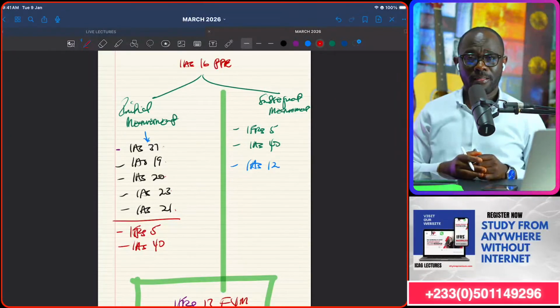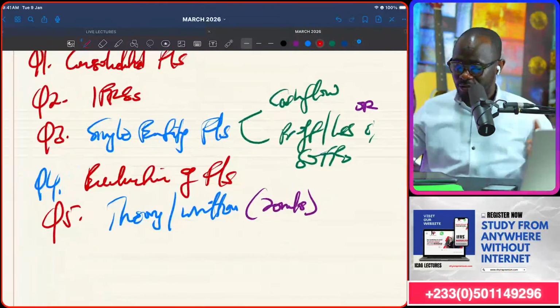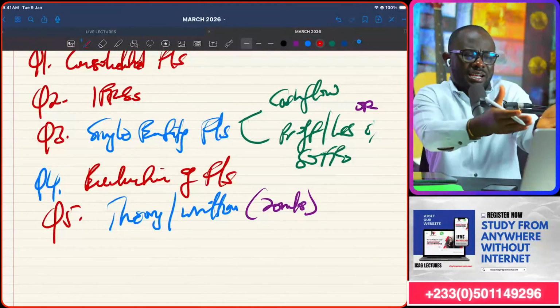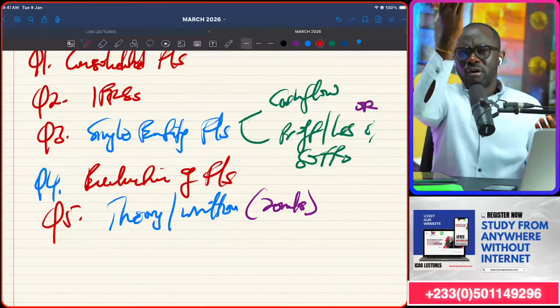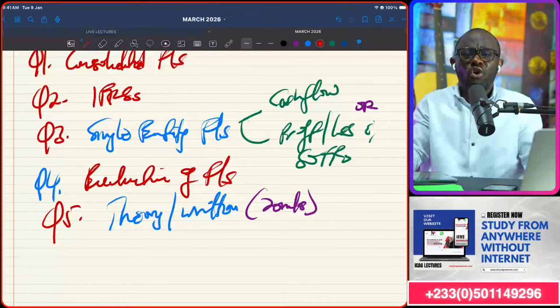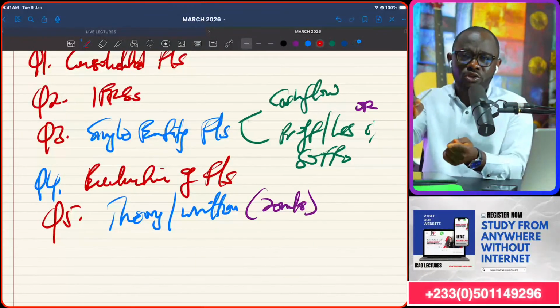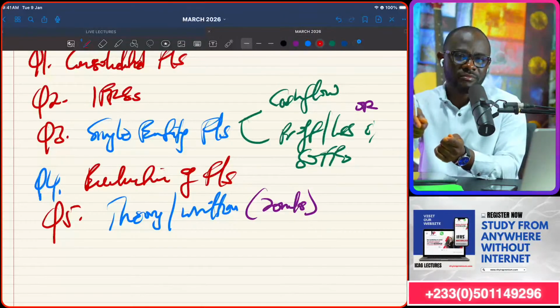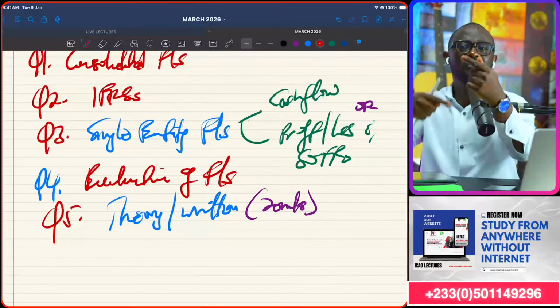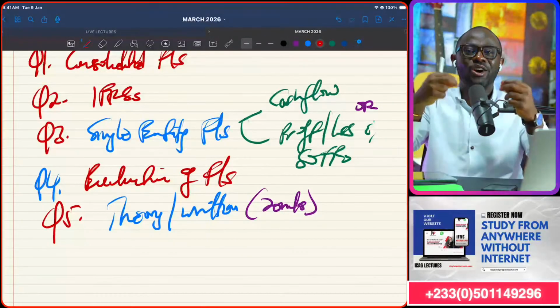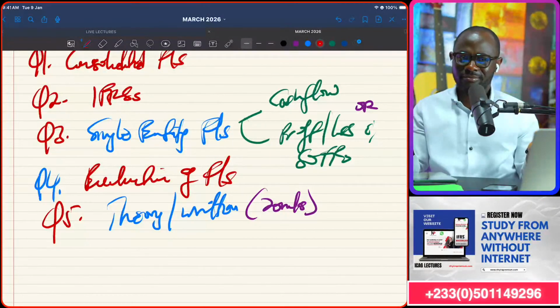That's it. Single entity financial statement, question 3. That's accounting standard. The pro forma for the financial statement, you will know it's not rocket science. The problem is, if you read the footnote, can you solve it? And the way you are able to solve the footnote is by the application of the accounting standards.